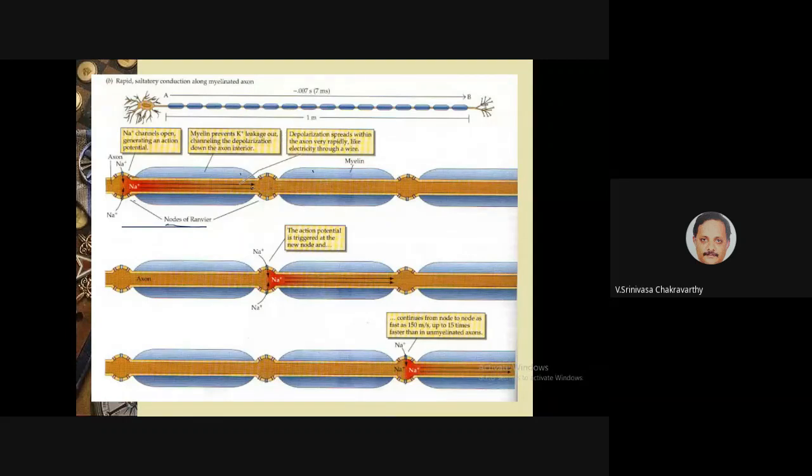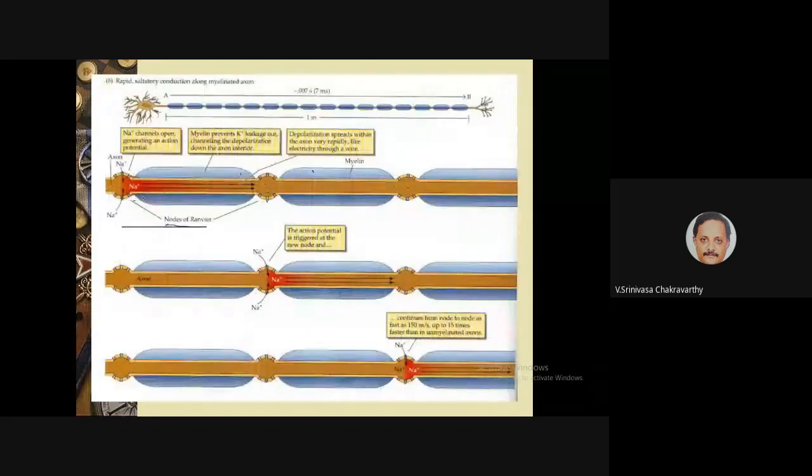Here the signal gets charged up because of the voltage sensitive sodium potassium channels. After that, it again rushes from underneath the myelin sheath, arrives at the next node of Ranvier, where it gets charged up, and so on and so forth. So it is a very complex, highly optimized machinery for making sure that the signal propagates intact, without losing its shape and size, as it propagates along the axon.